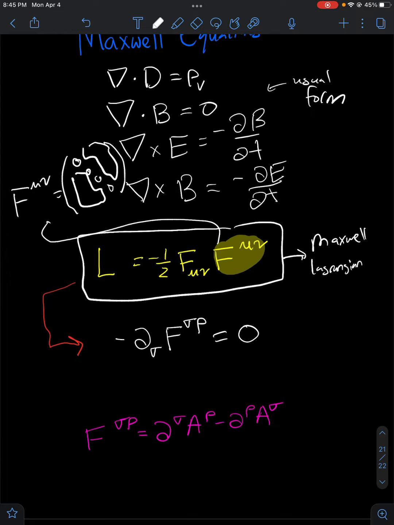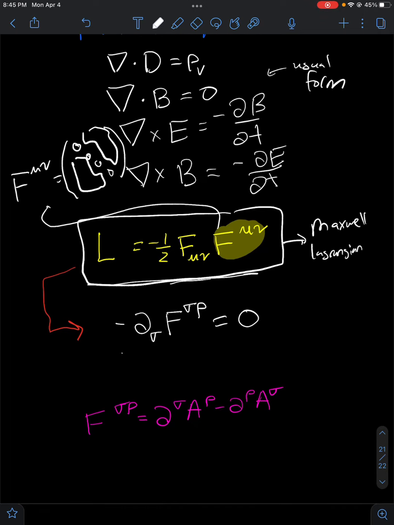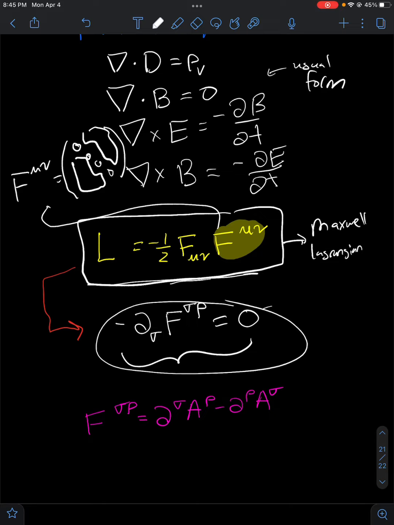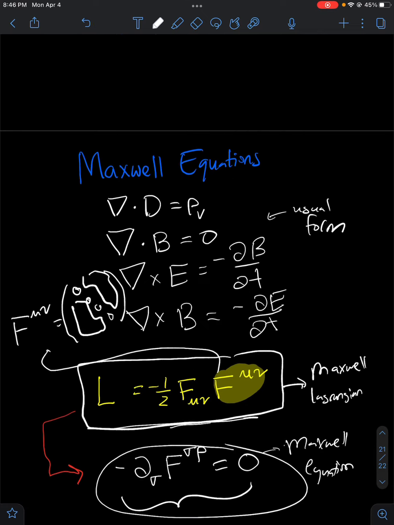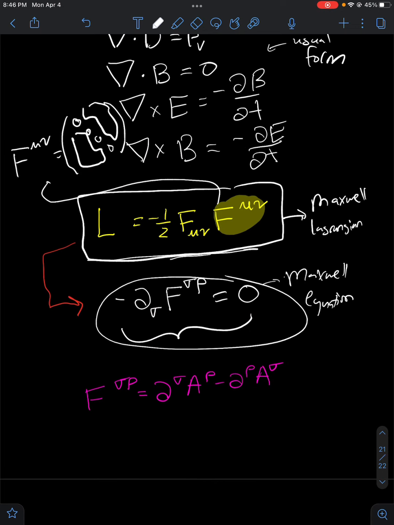So once we put this Lagrangian into the Euler-Lagrange equation, we get this over here. And this is the Maxwell equation. How cool is that? We are able to write these four complicated equations into one very simple form. And the reason why we can do that is, again, this Faraday tensor has components of the electric and the magnetic field.